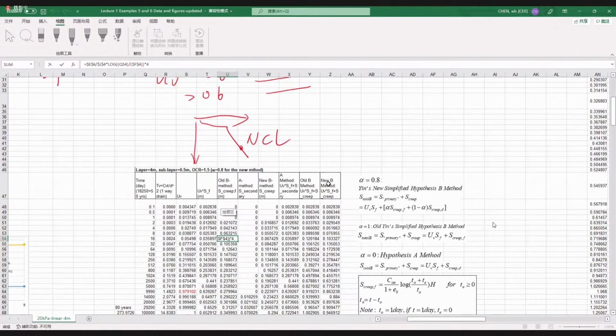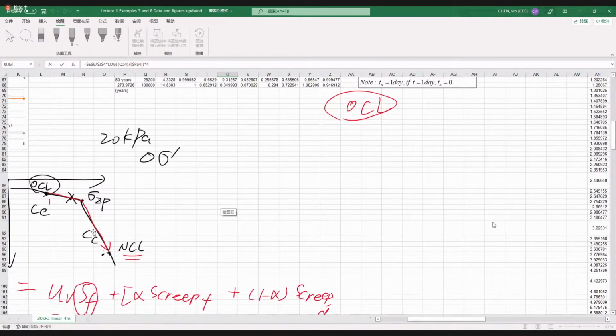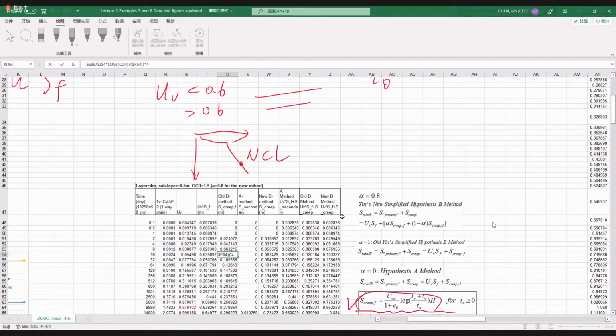So the equation for calculating the S creep final is always this one. Always use this one. No need to go to a complicated case for the OCL line condition, because the final point is always on the NCL line, okay?